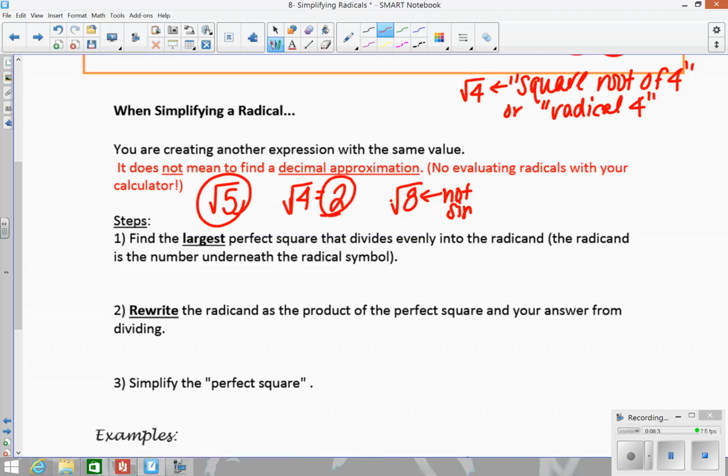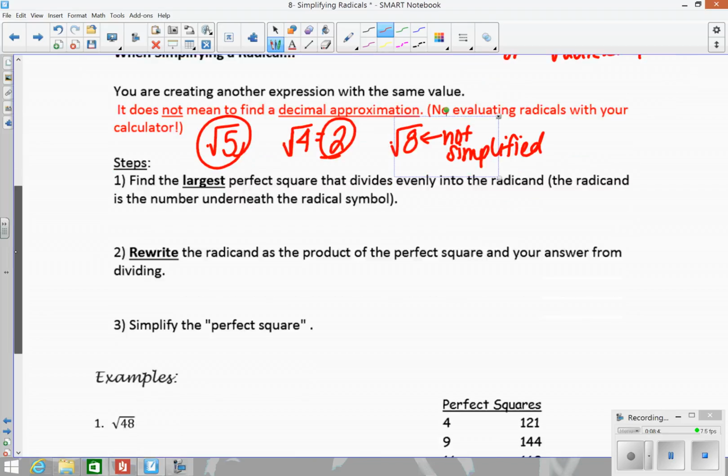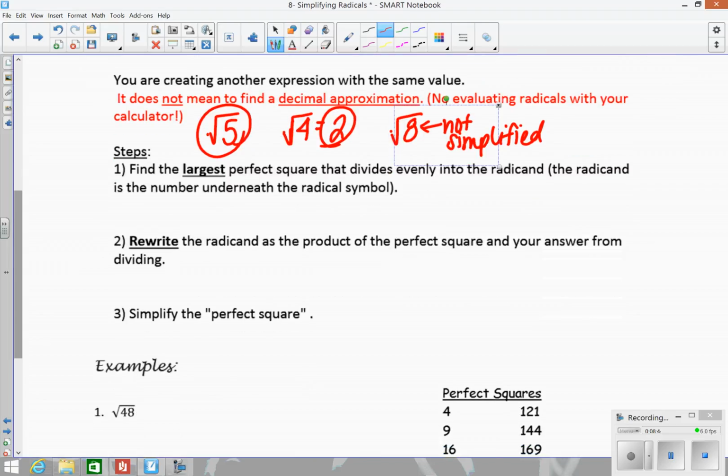And that's what we're going to look at now. How do we simplify something like this? And what's the difference between this being simplified and this not being simplified? The steps here: in order to know if a square root or radical has completely been simplified, you have to look to see if one of the factors in that number is still a perfect square.